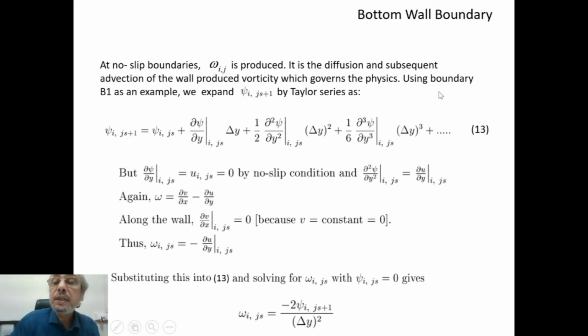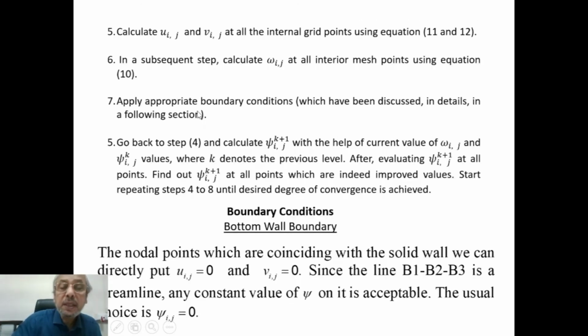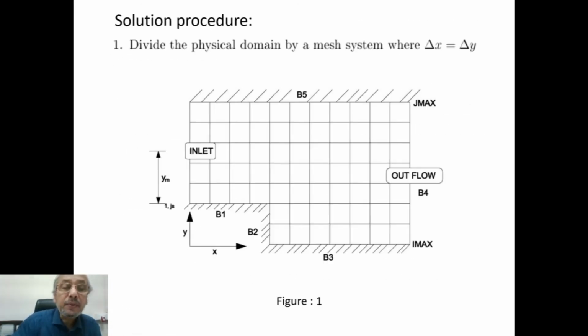Now see, if we take B1, the entry part of the backward facing step or this channel, we can expand psi at js plus 1. What is js plus 1? Again, go back to the boundary.